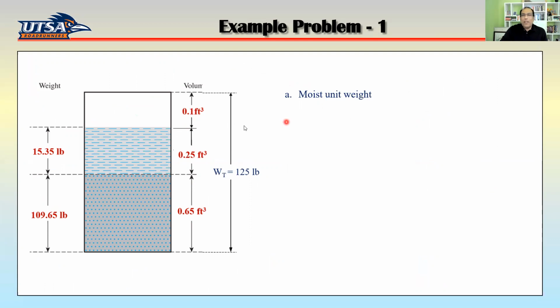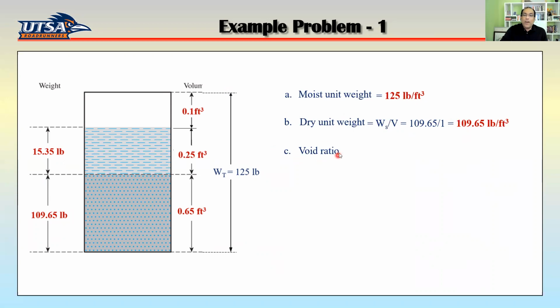We already calculated that: 125 pound per feet cube, right? Now, number 2 is dry unit weight. What is dry unit weight? That's basically WS divided by the total volume, so 109.65 divided by 1. So this is your dry unit weight.